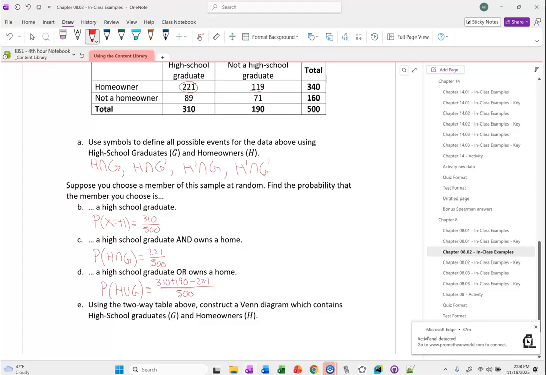What did I just do? I did P of H. No, I did the wrong thing. That's supposed to be 340. I did P of H plus P of G minus P of H and G.